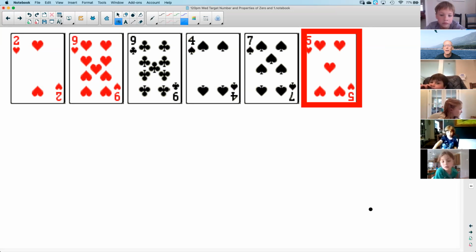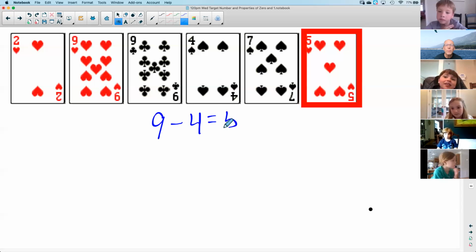Go ahead, Lila. 9 minus 4. Whoa. Everybody look at Lila's. Now, Lila, guess what? You just got our target number, Lila, but we have to get rid of the other cards.